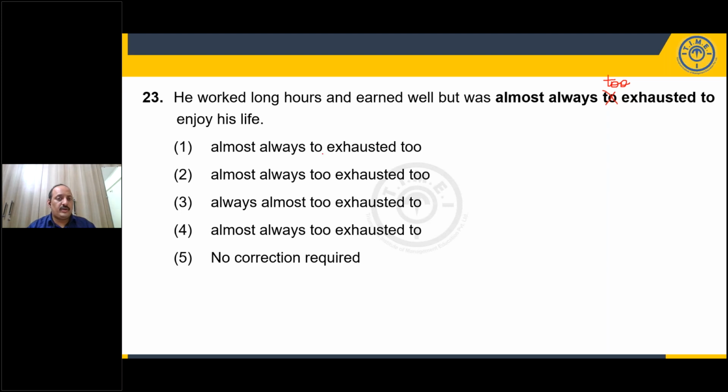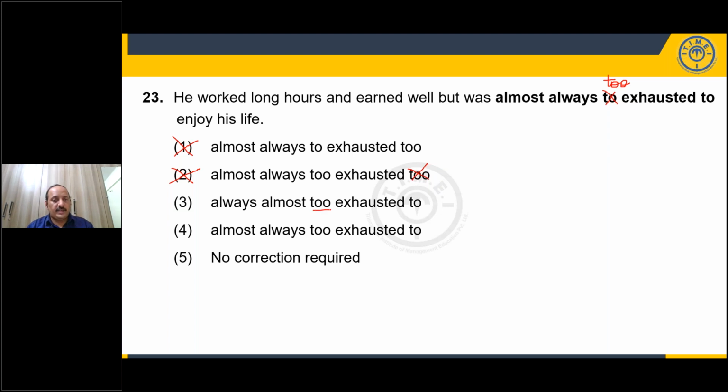Almost always too exhausted to, but here the words are interchanged. This should have been TOO, this should have been TO. So one is definitely out. Almost always too exhausted, but this TOO is wrong. It should have been TO. So 2 is eliminated. Always almost too exhausted too.